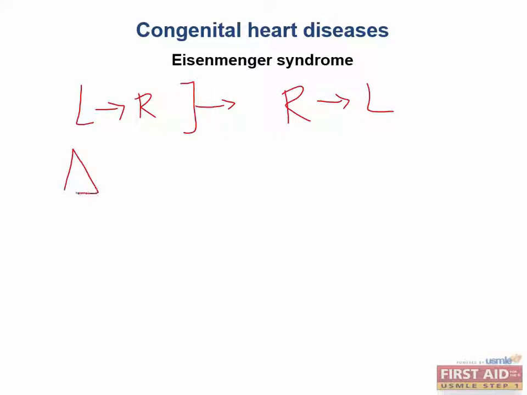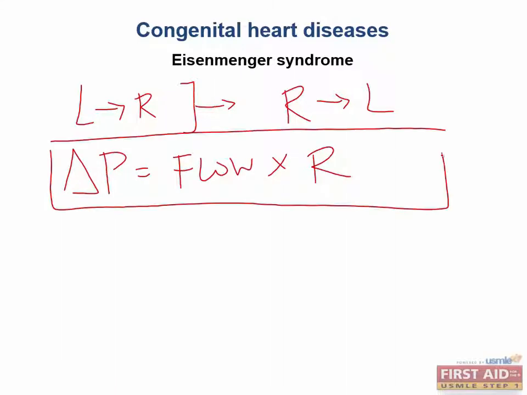We know that a change in pressure, with a delta sign next to it, equals flow times resistance. We know this equation well from the physiology section, but let's rearrange some stuff to help us understand the pathophysiology of Eisenmenger syndrome. So since it is a change in pressure, let's actually include what we're talking about.